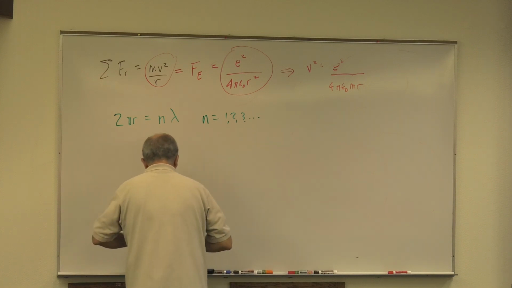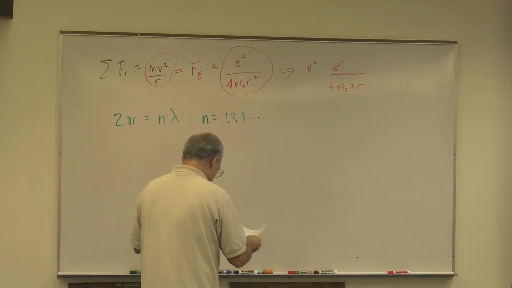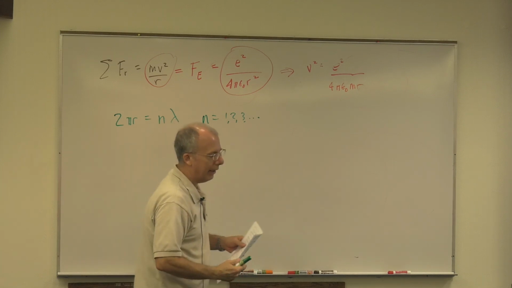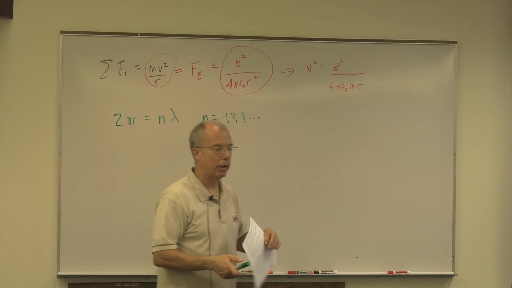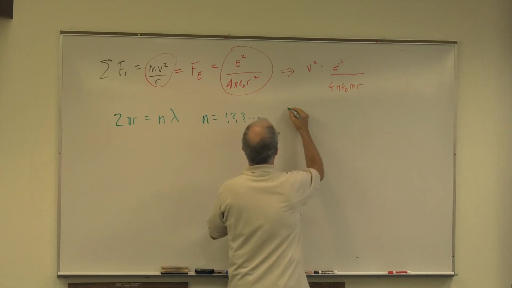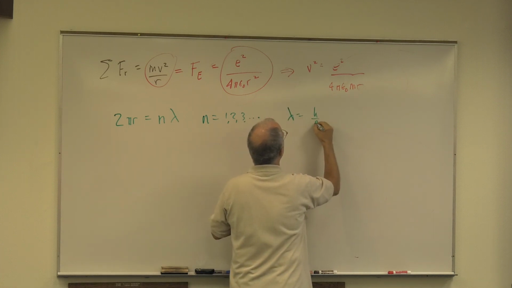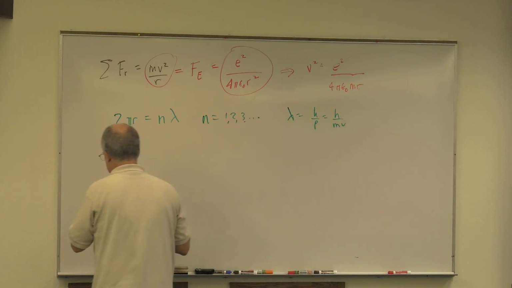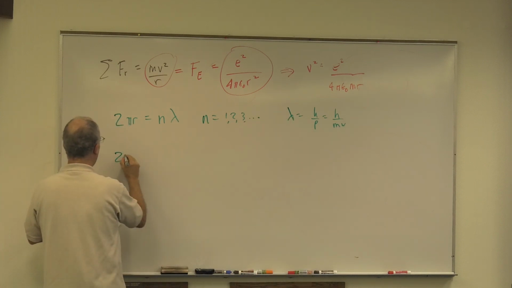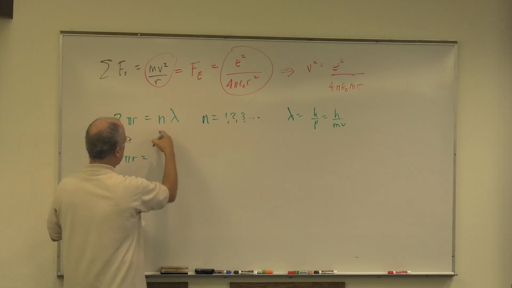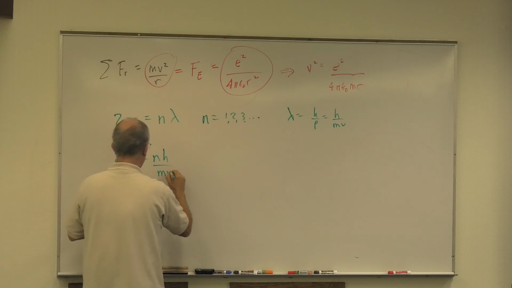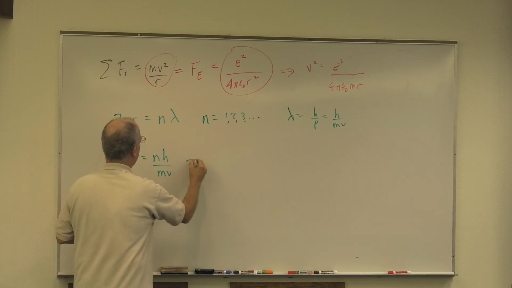All right, now you can probably guess what we're going to do. What do we always do in quantum mechanics when we have a wavelength? We use the de Broglie relation. So lambda equals h over p, which is h over mv. Now we have 2 pi r equals n lambda, which is nh over mv. Now we can solve for v.